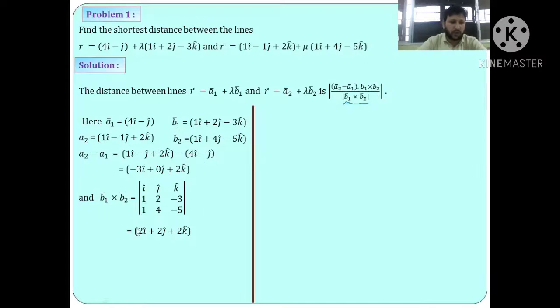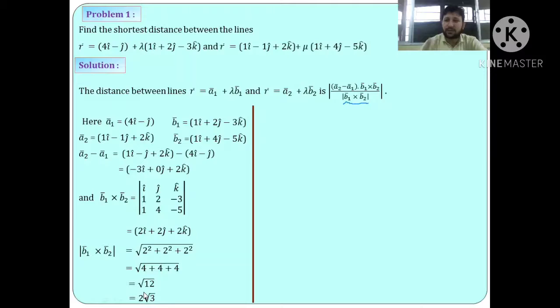The magnitude of b1 bar cross b2 bar is equal to the square root of 2 square plus 2 square plus 2 square. The squares are 4 plus 4 plus 4, that is 12, and the square root of 12 is 2 root 3. This is the magnitude value.